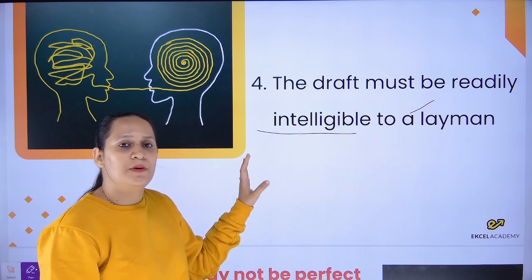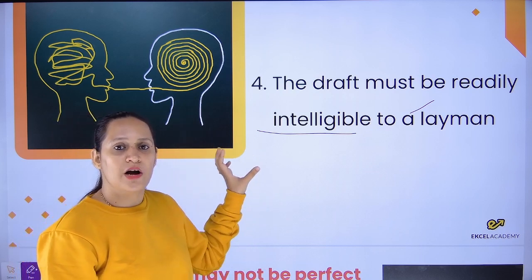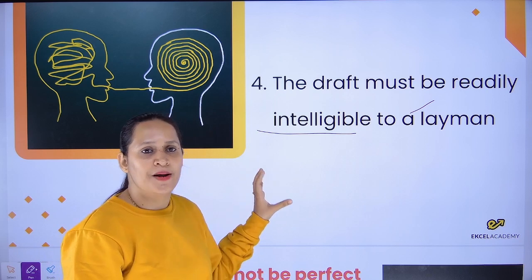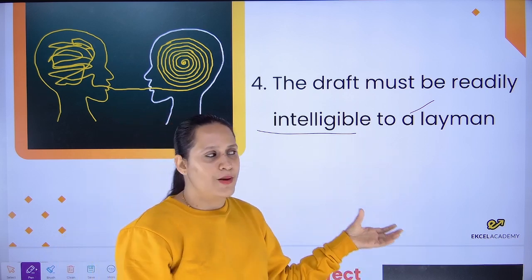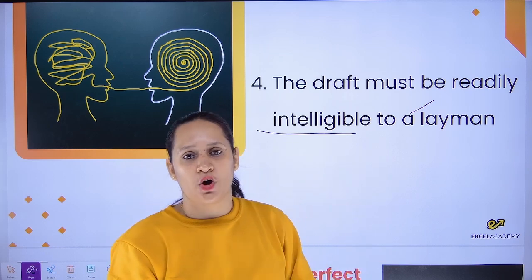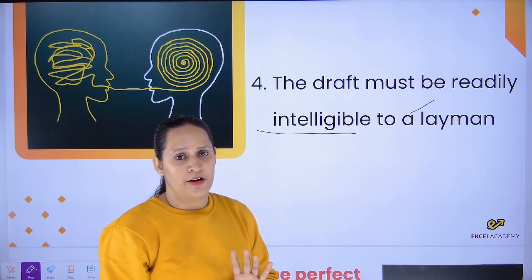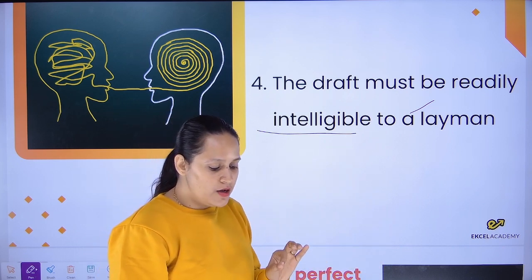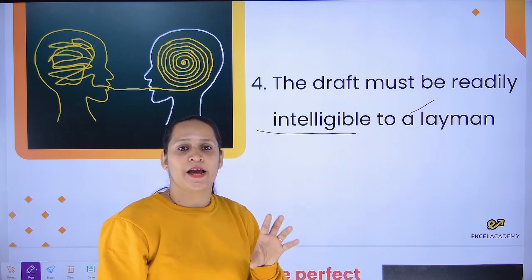So once the expert has confirmed that this document is clear, and whatever you're trying to communicate is clearly included, then we pass it on to the people who are actually going to use that document. Any person, randomly any person who reads the document, should be in a position to understand it. Not that he should have full knowledge about it, but what is mentioned in the document, he should be able to understand.